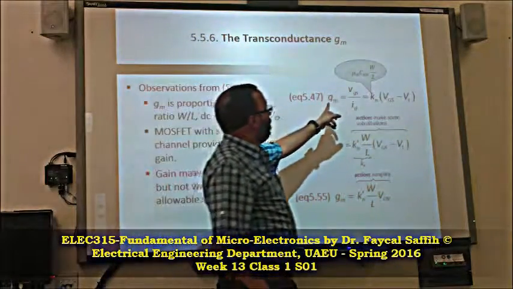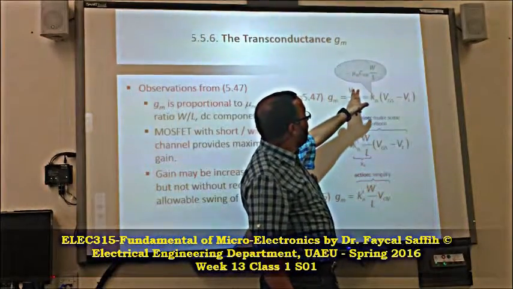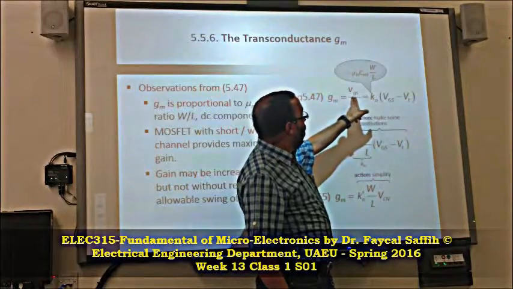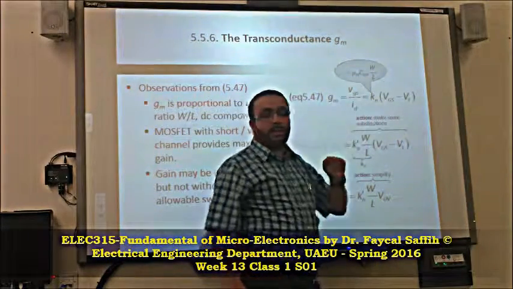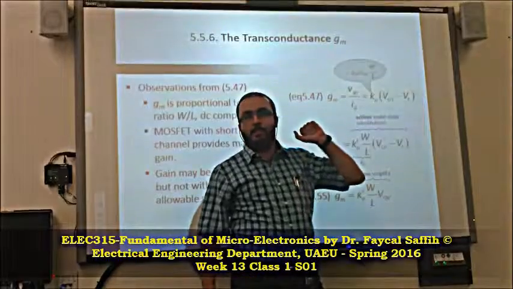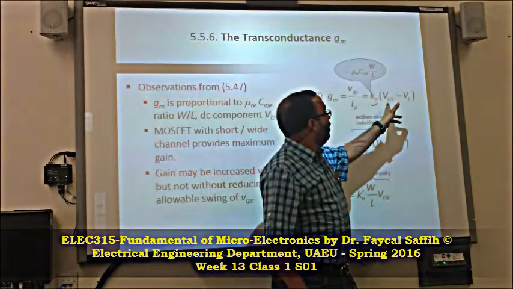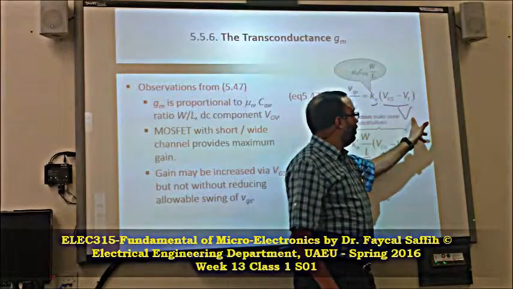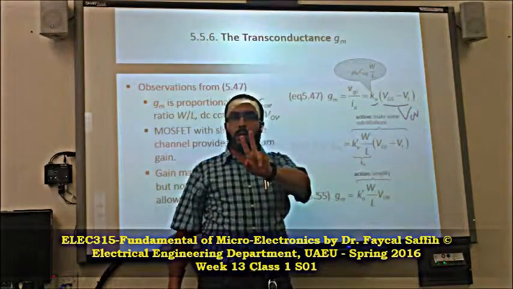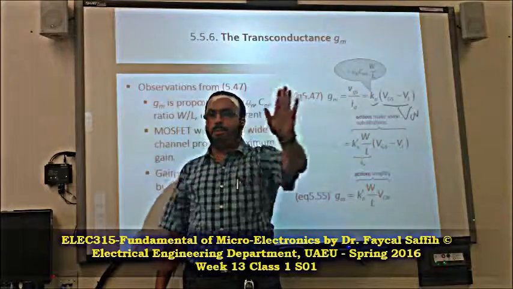Remember, gm is the AC current ID over the AC signal VGS, and we found it to be equal to Kn (VGS minus VT), which is V overdrive. So it has 2 terms only: Kn V overdrive.